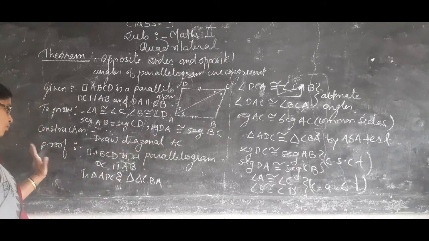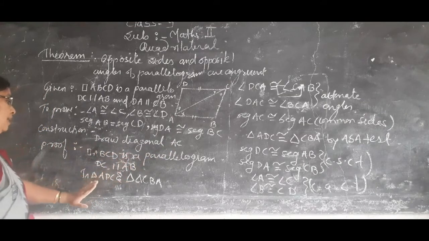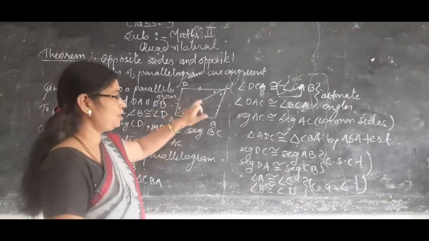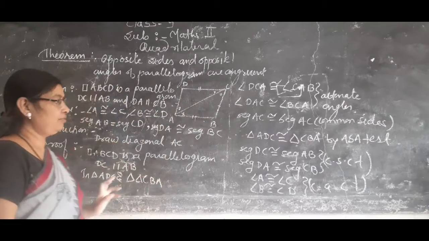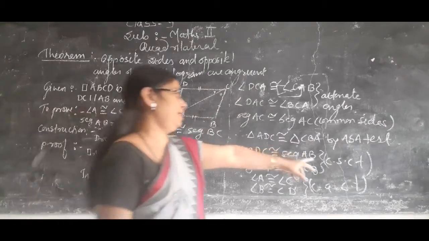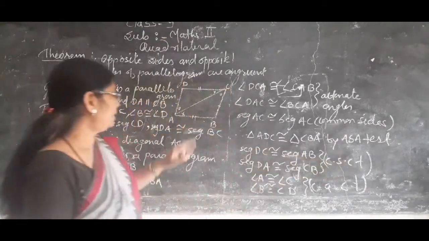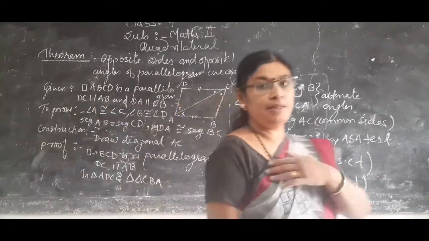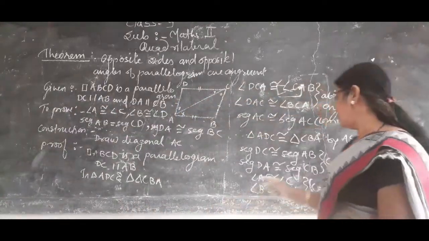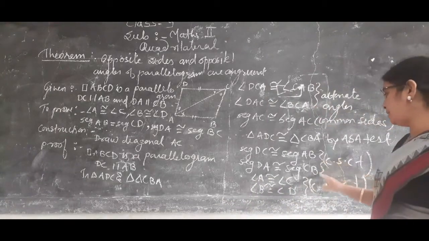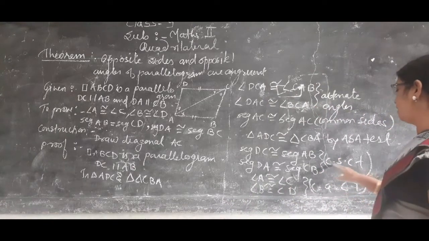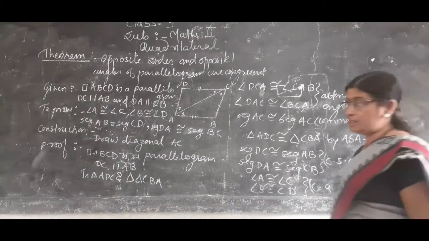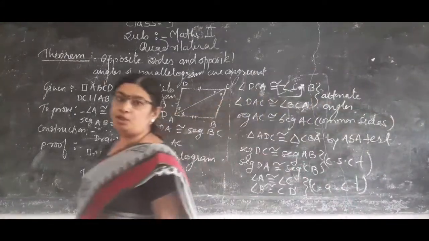Now start the proof. Quadrilateral ABCD is a parallelogram, and you have to consider these two triangles and show these two triangles are congruent by the ASA test. If triangles are congruent, then its remaining elements are also congruent. So sides are congruent by CSCT, angles are congruent by CACT. So, students, write down this theorem in your copy.